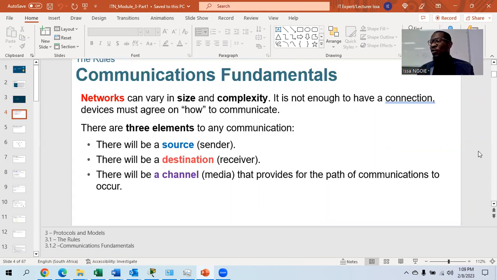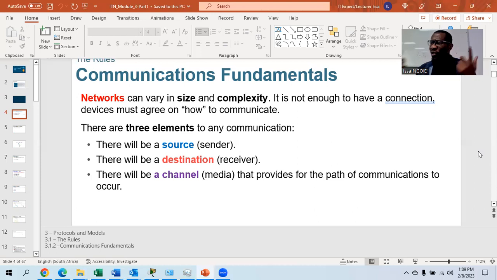Those rules, we call them protocols, right? For your devices to talk, your devices will use certain rules or certain principles, and those principles are called protocols.